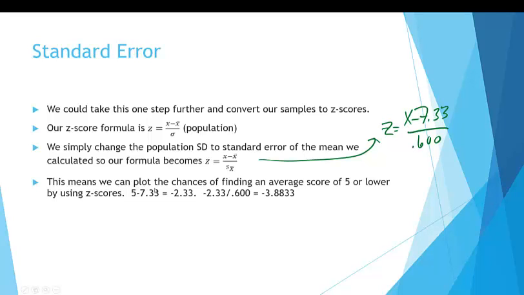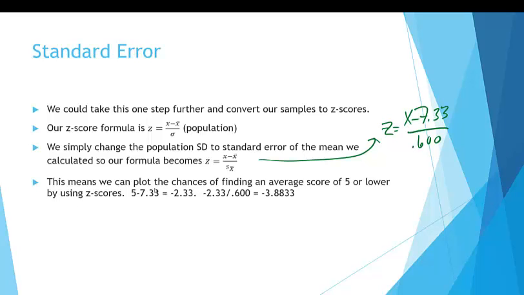So we can plot the chances then of finding an average of 5 or lower. Now, if you remember, in reality, there is no chance of us drawing a 5. The lowest average that we could get was 5.5, based upon the 6 numbers we have. But let's see what the data tell us we have a chance of. This means we can plot the chances of finding an average of 5 or lower by using z-scores.